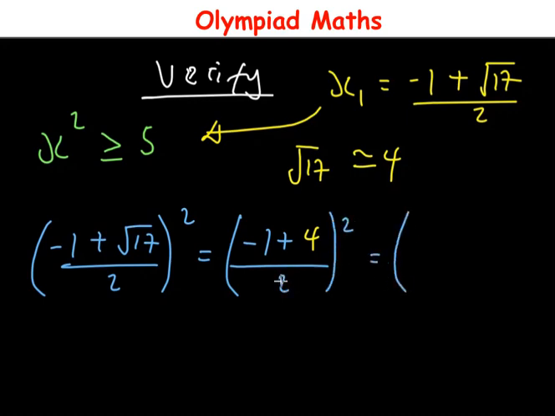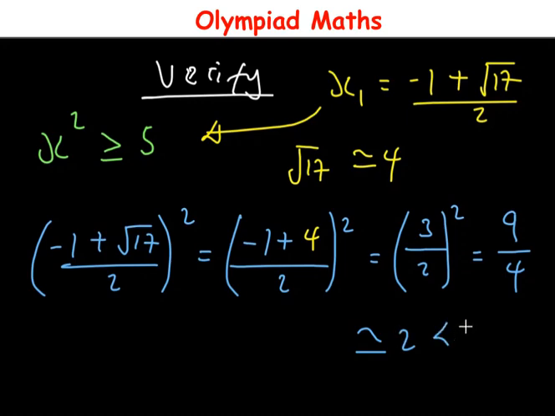This equals in brackets minus 1 plus 4, that equals 3 over 2, all squared. And this equals 3 squared is 9 over 2 squared is 4. 9 over 4 will give us a value that is approximately equal to 2. And 2 is less than 5. So since it is less than 5, this means that x1 is not the correct solution for the given question, because x squared should be greater than or equal to 5.